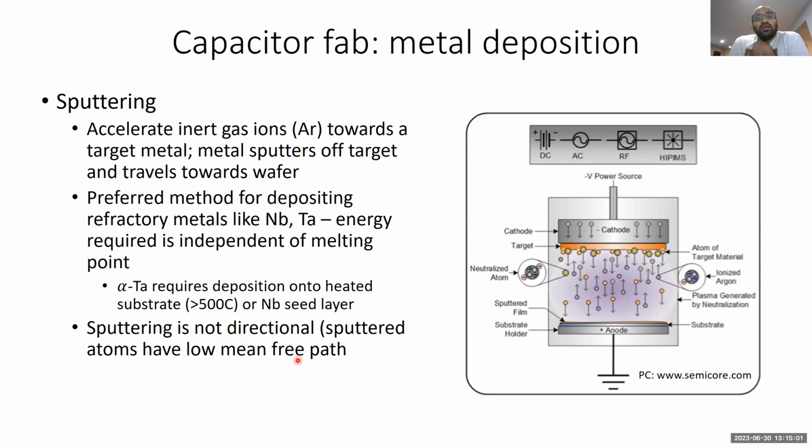At Yale, when we do aluminum-based processes, we almost entirely just do evaporation. That's probably because of the equipment that we have: we can use the same deposition equipment that we use to make our Josephson junctions to just deposit aluminum as a capacitor layer, so we opt to use that, whereas we use our sputter to deposit niobium and tantalum.